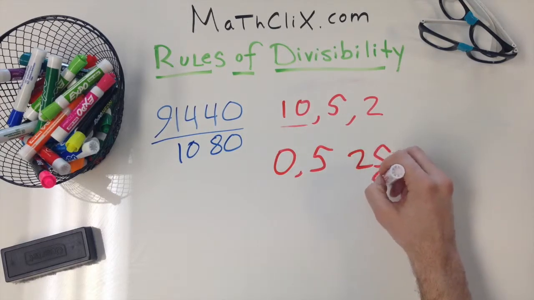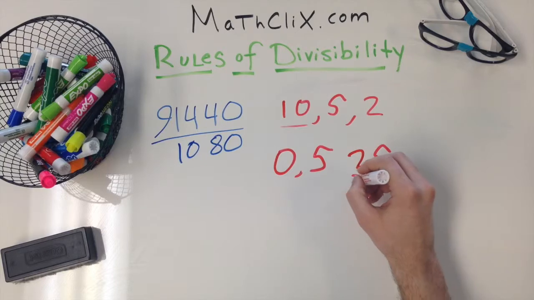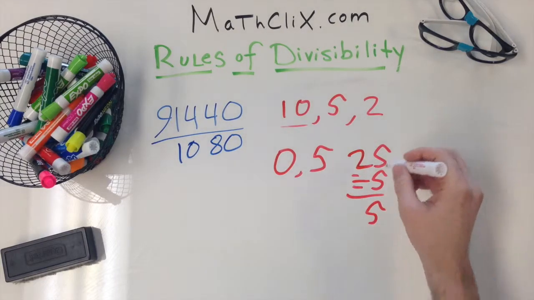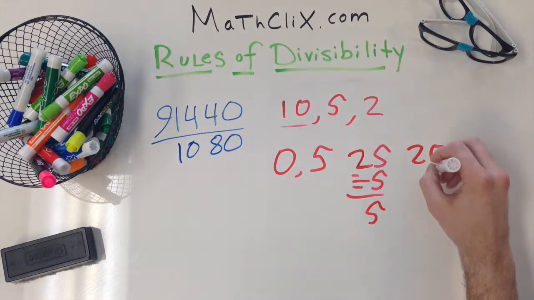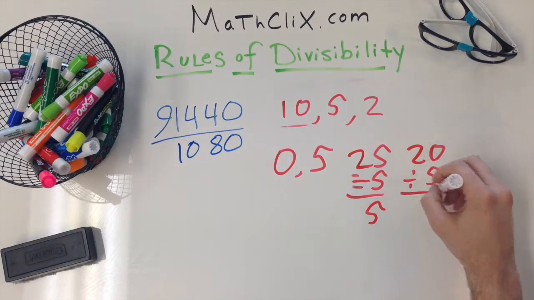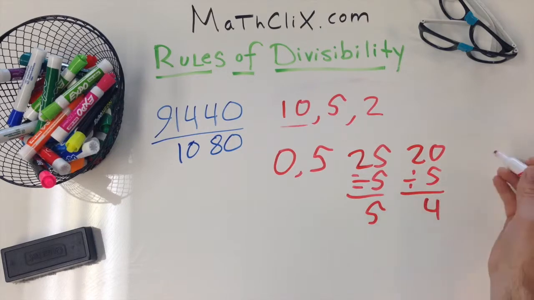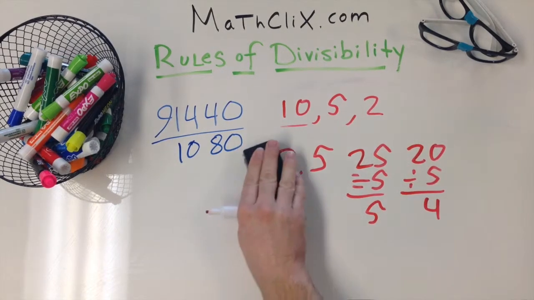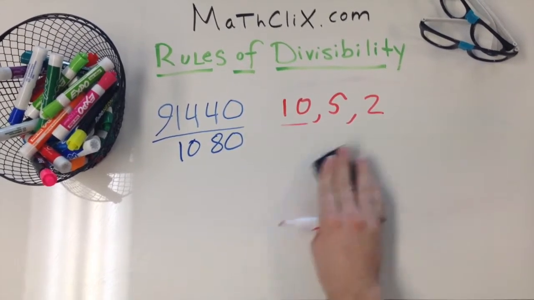Think 25 divided by 5 is 5, right? Or 20 divided by 5 is 4, right? Ends in 0, ends in 5, both of them work out. And then there's 2.